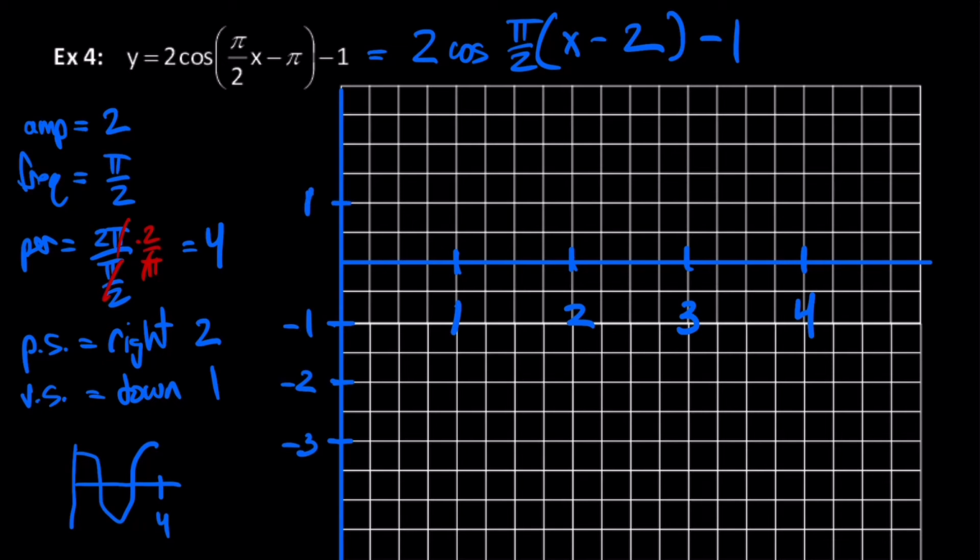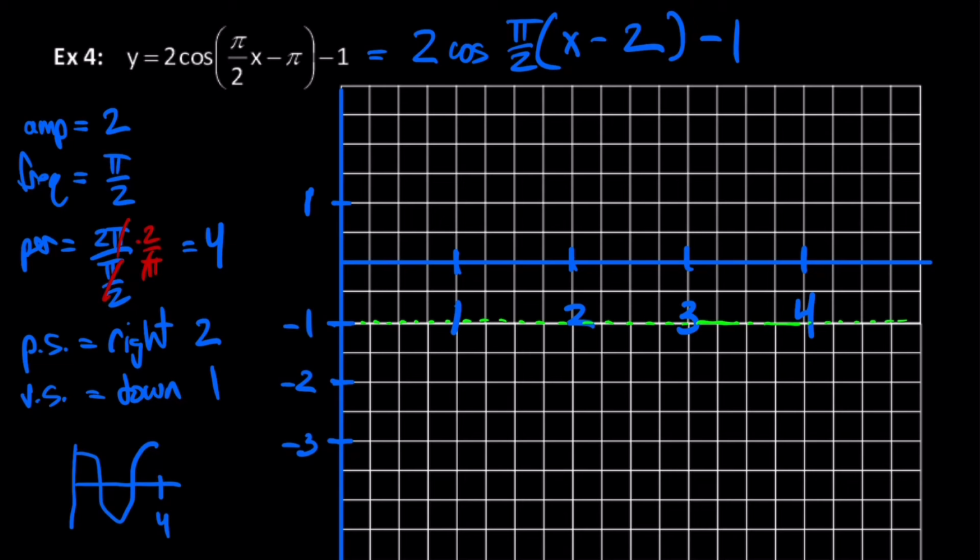Our midline, this part of my thumbnail, is being shifted down 1. So let's sketch that in so we don't forget about it. Dashed line there. That's my new midline, down 1. So now, how does the phase shift work? Right 2. So I have to take this whole section and move it right 2.